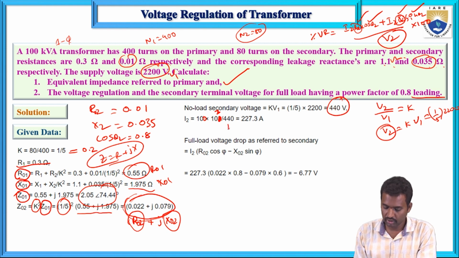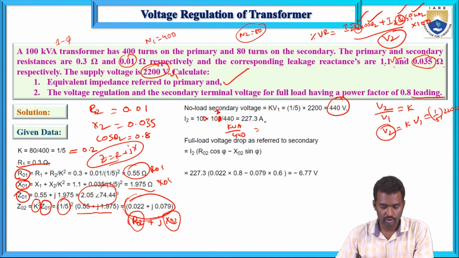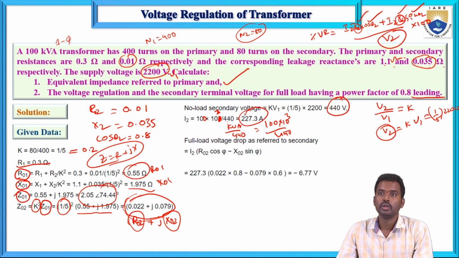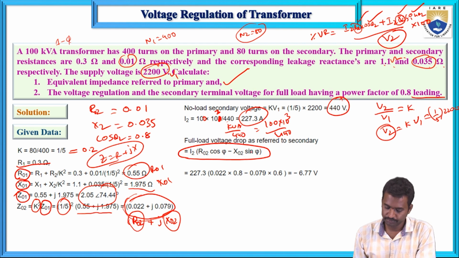So I2 equals kVA rating divided by this 440, kVA rating means 100 into 10 power 3 divided by 440, and that value equals 227.3 amperes.